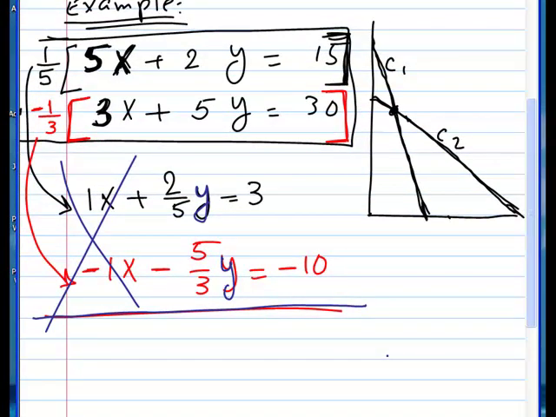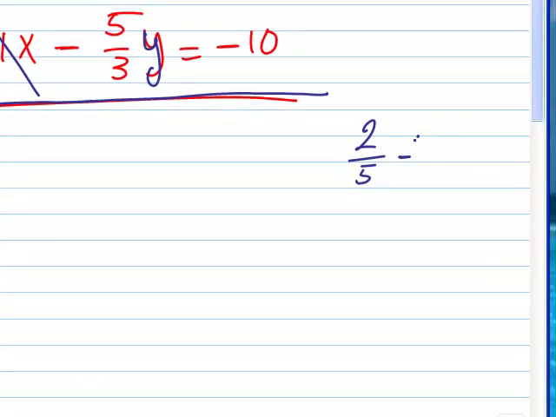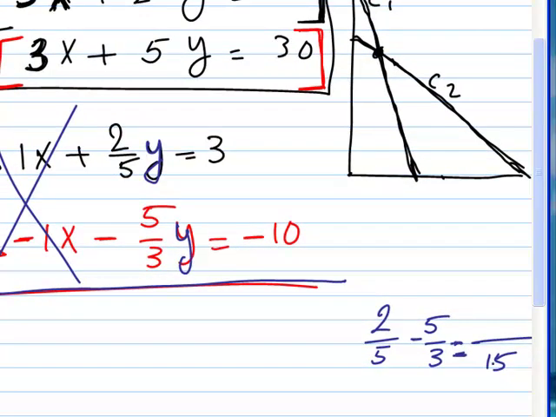So I need to take a common denominator here. So I have 2/5 minus 5/3, and the common denominator is 15. 15 divided by 5 is 3. 3 times 2 is 6.